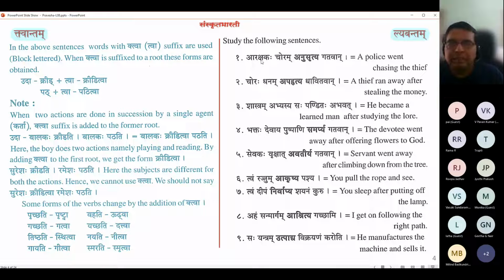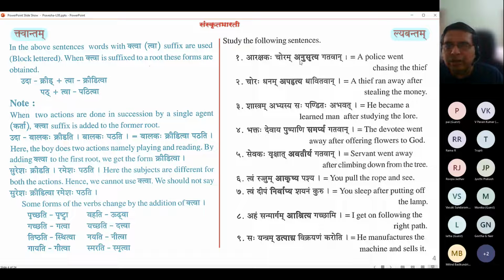So what is happening here: Arakshakah anusrutya gatavan. Choram is the karma pada for anusarana, from sarati, which is the original form. So anusrutya, having followed, the anu upasarga is there.